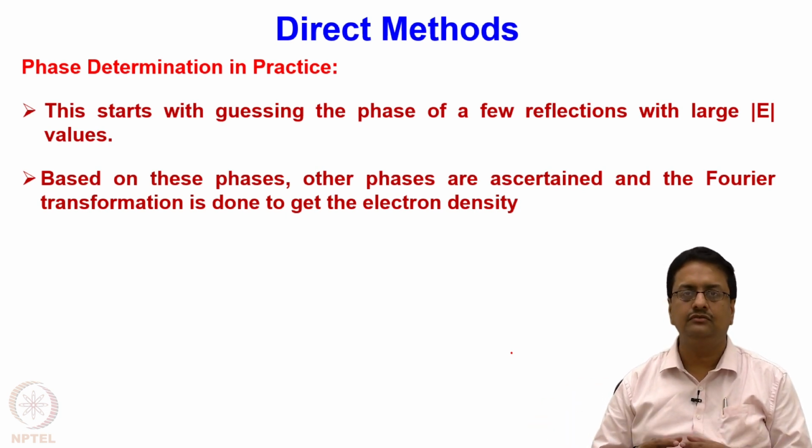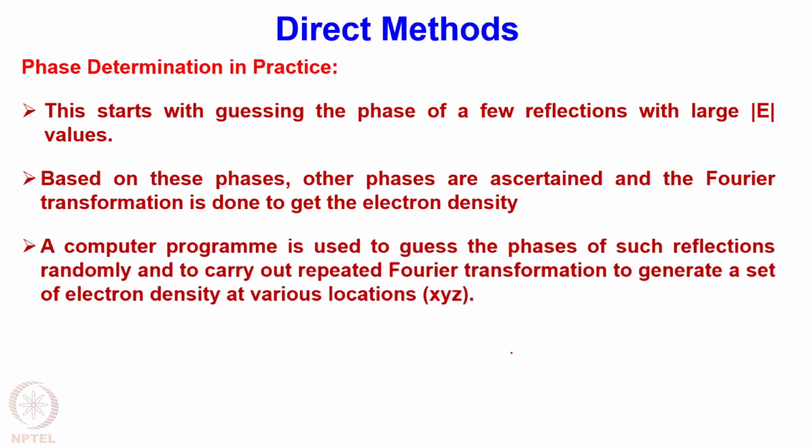What we try to do is arrange these reflections in terms of decreasing values of E. We utilize a computer program to guess the phases of such reflections randomly, and then we carry out repeated Fourier transformations and generate a set of electron densities at various locations, and then plot those electron densities and see whether they have appropriate bond connectivities or not.